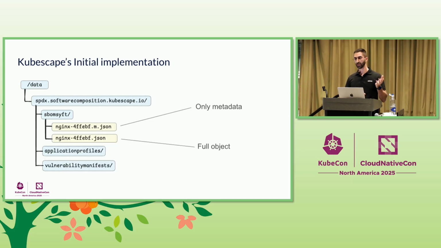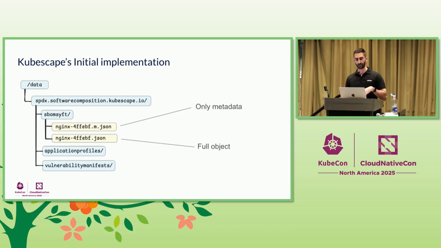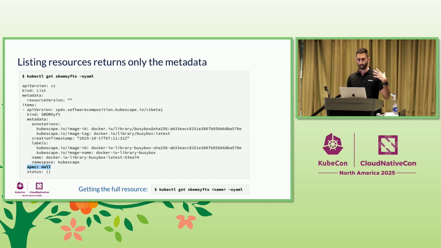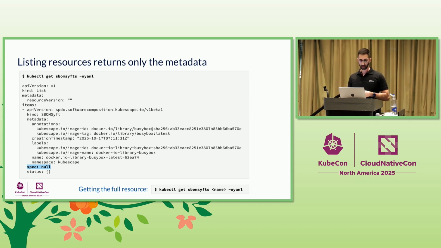One contained only the metadata, and the other contained the full object. When you list resources from the API server, you get only the metadata files. That is really important in terms of memory and CPU, and you can understand why.